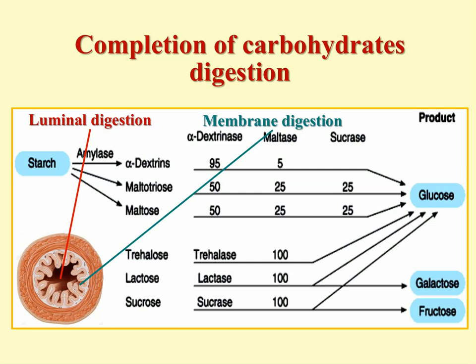And so there is a sequence of events. First, luminal digestion makes smaller and smaller substances, and then final conversion of the smallest substances into the final products occurs by membrane digestion. Glucose, galactose, and fructose are the main products of carbohydrate digestion. And exactly these three monosaccharides can be absorbed from the intestine.